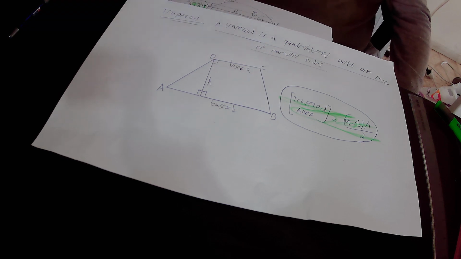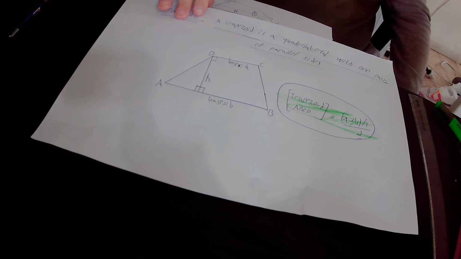The height is h, so the area of trapezoid ABCD equals A plus B times h over 2. The height h must create 90 degrees with the two bases. You can see here that h creates 90 degrees with the base DC, and also 90 degrees with the base AB. And again, the area of the trapezoid ABCD equals A plus B times h over 2.